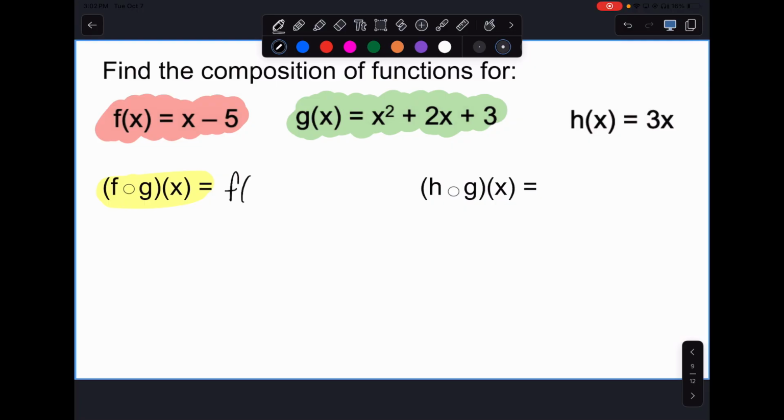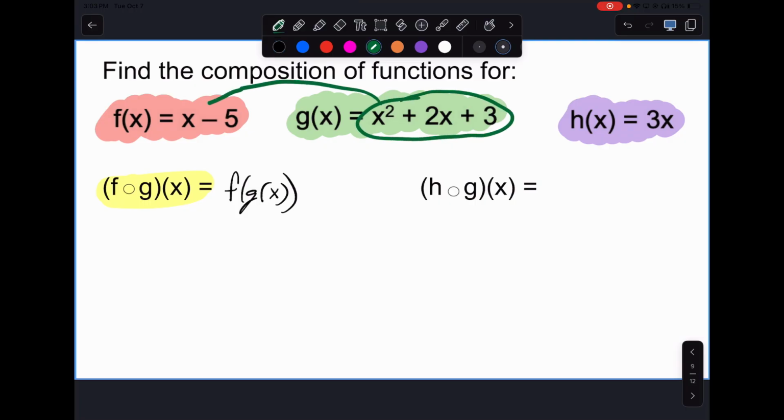So it's going to be f of g of x. Taking the g of x, and putting it in place of x.